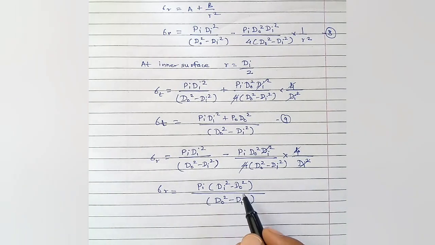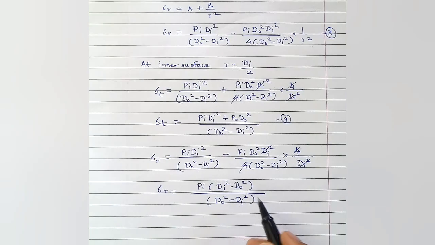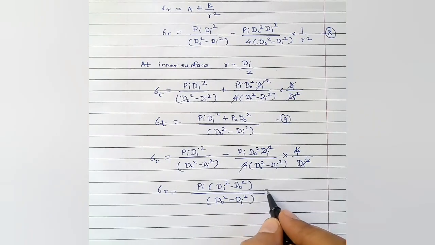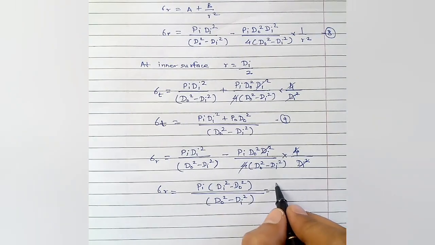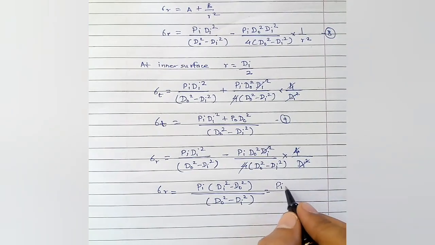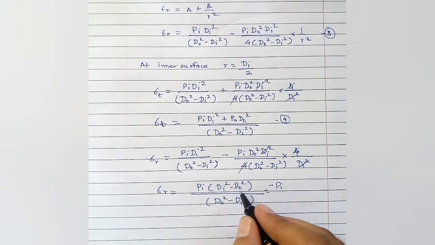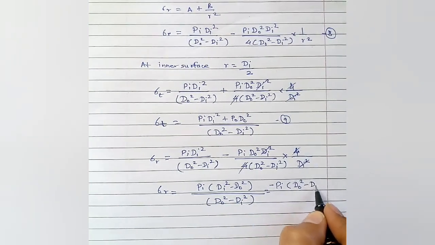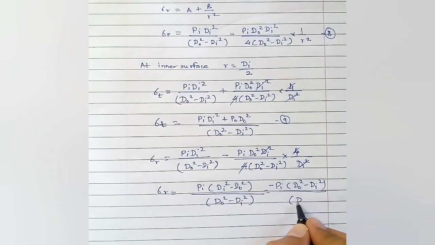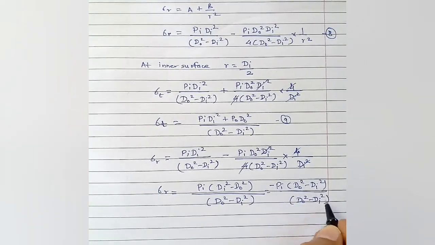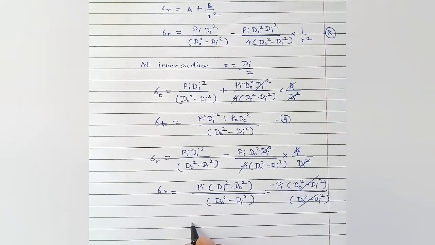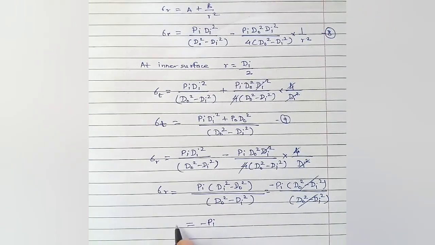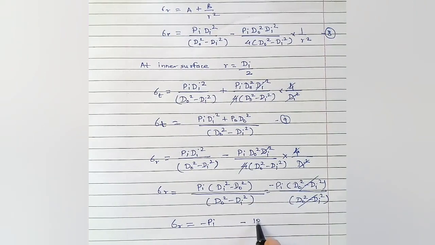If I rewrite this, it will be pi, taking the minus sign common from this bracket, so dO square minus di square divided by dO square minus di square. So we will get only minus pi. So the value of radial stress at inner surface is minus pi.